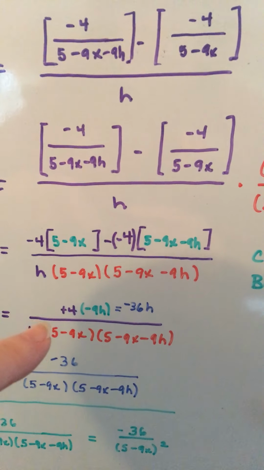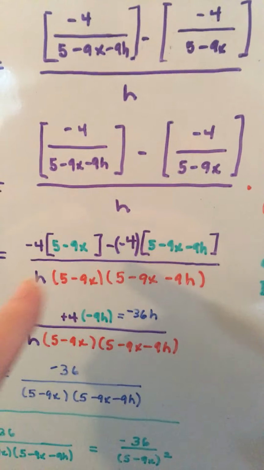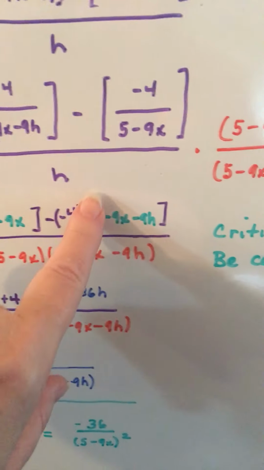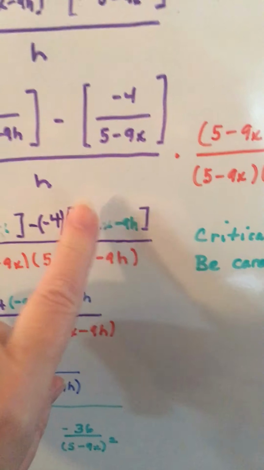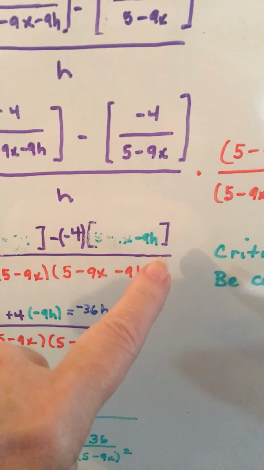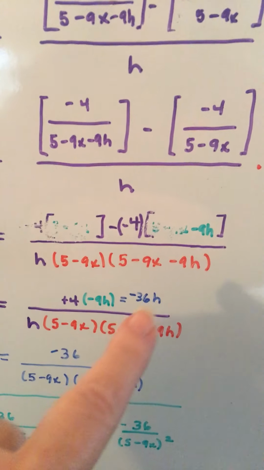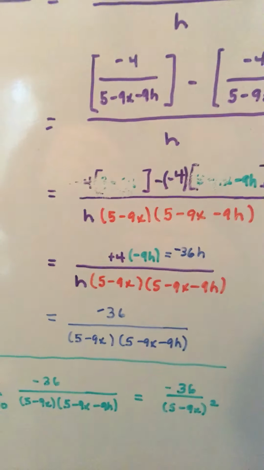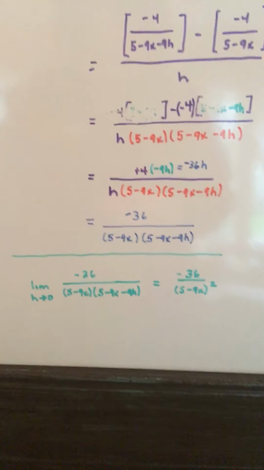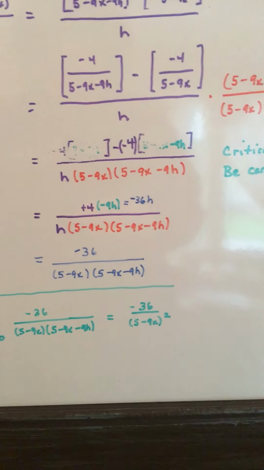So when I do it this way, I can say, oh, they both have minus 4 as coefficients, so I can get rid of the 5's. I can get rid of the 9x's. There's nothing left here. And this is a positive 4 times a negative 9, which is a negative 36h. I can cancel the h's. And here I go. And if I was doing the limit, what would happen? That h disappears and I get a quantity squared.